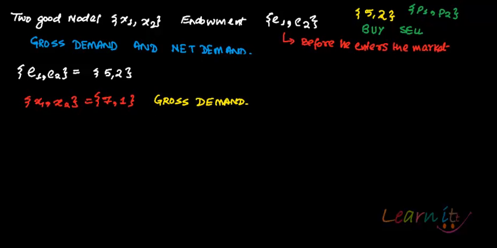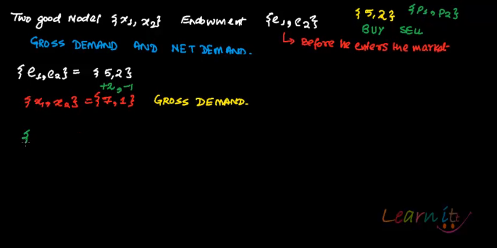If you look at it, you'll find that this guy has bought 2 units of good 1 and he has sold 1 unit of good 2. So he has bought 2 units of good 1 and sold 1 unit of good 2.